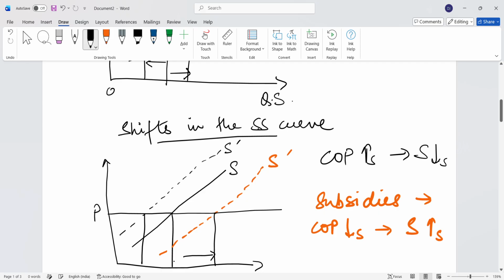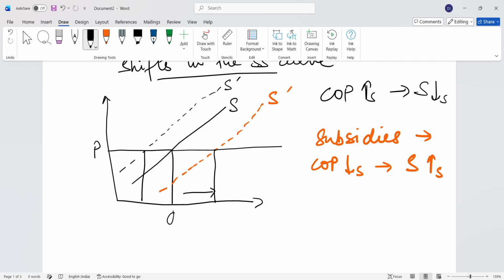If I mark this as Q0, an increase goes to Q2, and a decrease goes to Q1 at the same price level. I'm repeating that again: if there is an increase in supply due to any other factors but price, the supply curve will shift towards the right. If there is a decrease in supply due to any other factors but price, the supply curve will shift towards the left at the same price level.